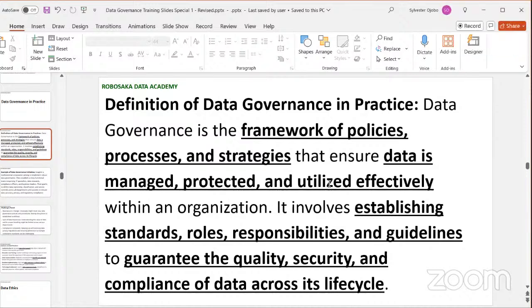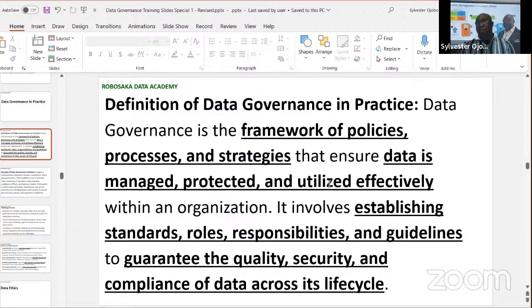So now, the best practice of data governance is to have a framework. Within the framework of your data governance program, you are able to develop policies, processes, and strategy to ensure data can easily be managed, protected, and utilized effectively within my organization. Because when you came in, it was not so. You discovered so many inconsistencies.